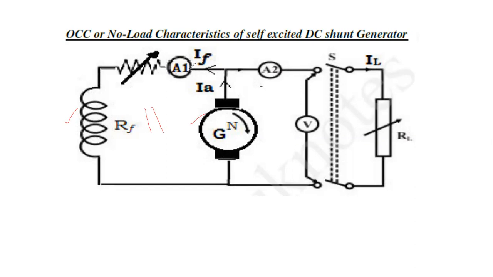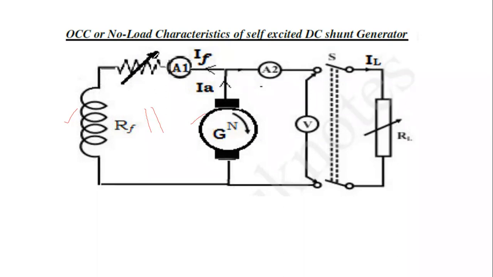By using this ammeter A1, we measure the field current IF. This A2 is used to measure the armature current. And this voltmeter is used to measure the no load voltage that will be induced in this generator.